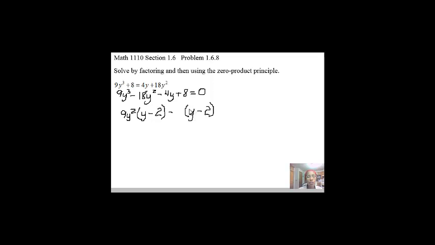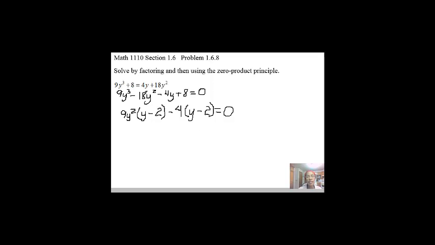So what do I need to multiply y by to get negative 4y? That would be negative 4. So I need a negative 4 in this position. Now if negative 4 times negative 2 gives me this positive 8, then this factoring process is going to be successful.